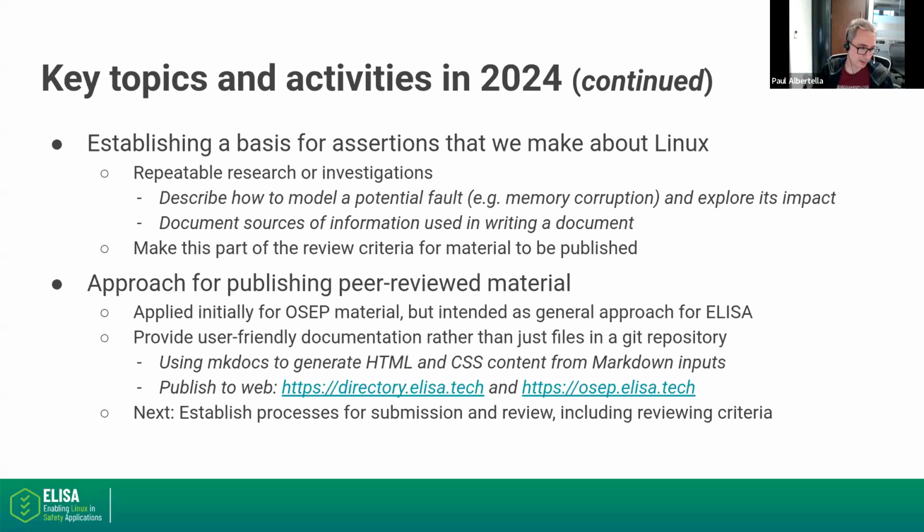So this brings me to the next piece we've been thinking about, which is how we go about publishing peer-reviewed material. That's material that we've looked at and applied some criteria to. You can see who's reviewed it, because we're doing this in a GitHub repo, and you can look at the pull requests and the comments, and see who's reviewed it and what their conclusions were.